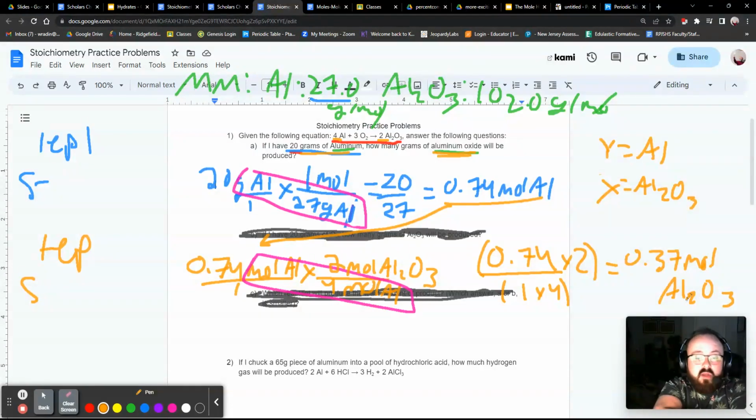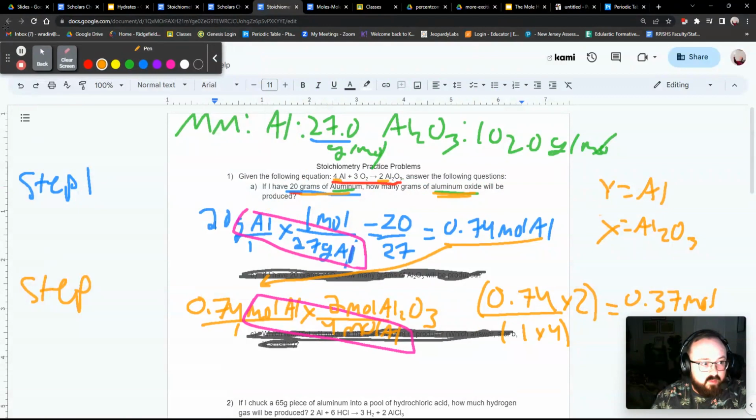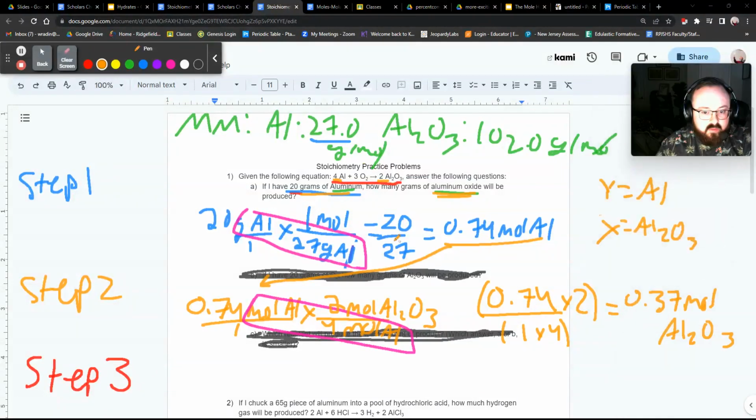Alrighty, that's step 2 done. My steps got messed up. There we go. Last but certainly not least, let me move this up and out of the way, is step 3. I should say that this is moles of Al2O3. So I labeled it.